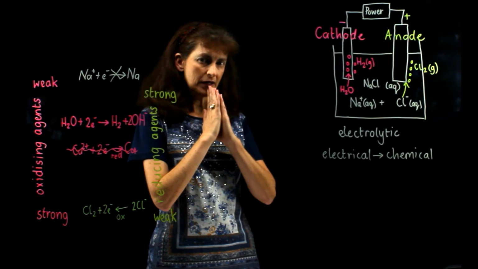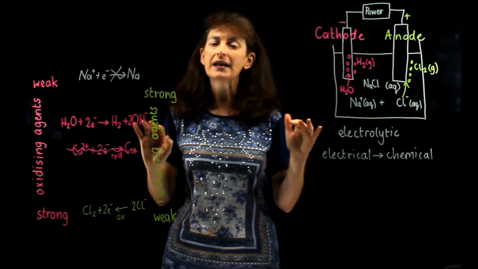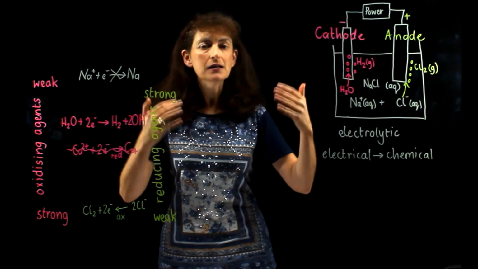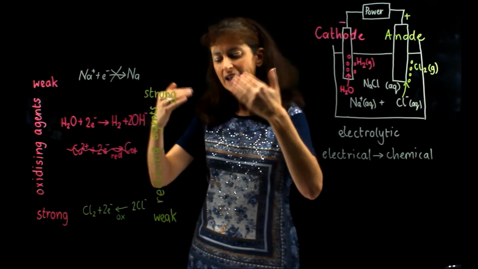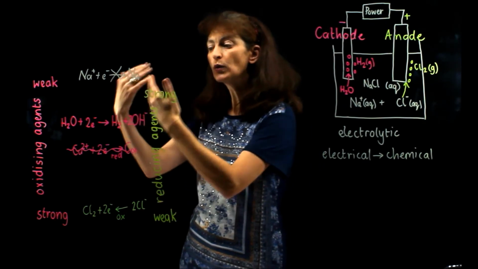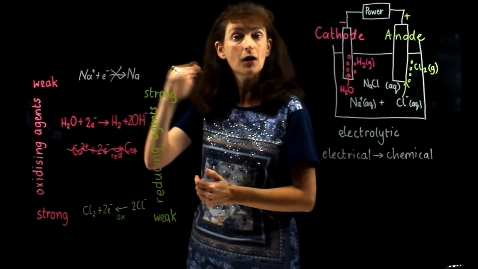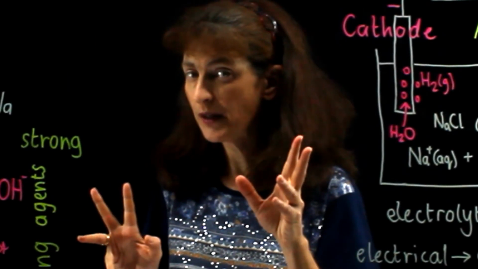I just want to point something out that might be confusing in terms of that. Remember right in the beginning I said that unlike in a galvanic cell, we get a weak reducing agent being the reducing agent and a weak oxidizing agent being the oxidizing agent. And now it might seem like maybe I'm saying something opposite.